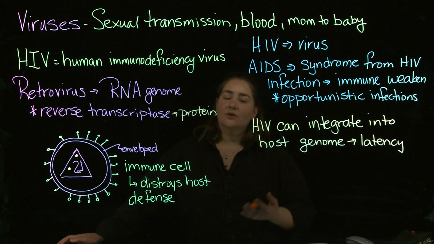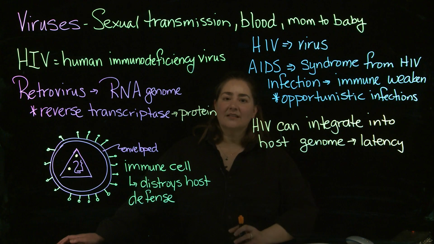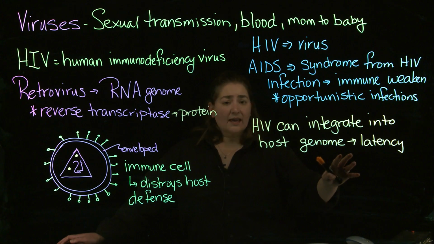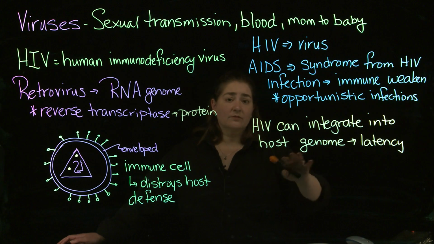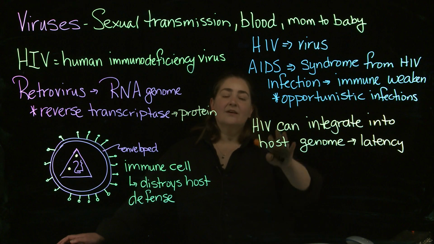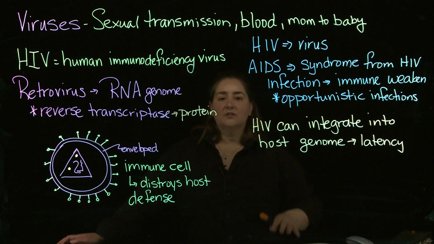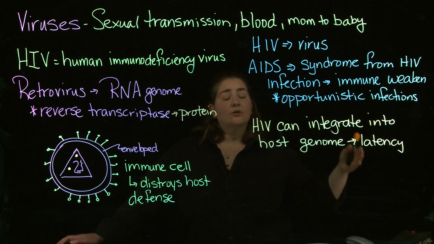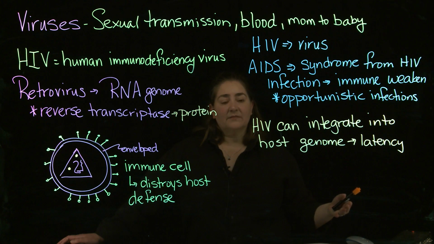It's not completely dormant because even though it's integrated into the DNA, folks who have the HIV virus still can pass it on to other sexual partners, all right? But typically their viral load is a lot lower, okay? When the viral load is higher, you're much more likely to transmit it, okay?